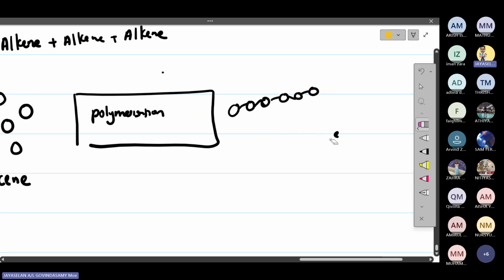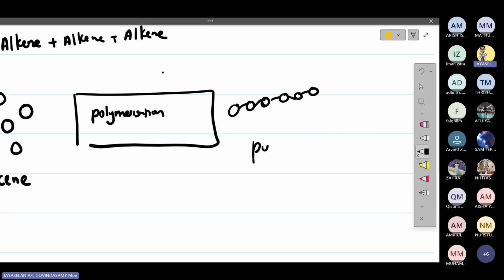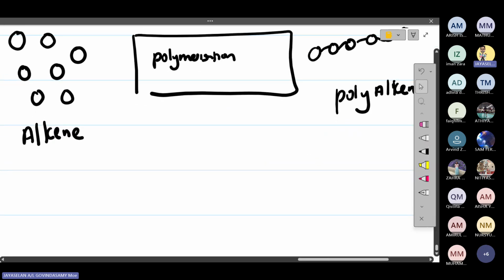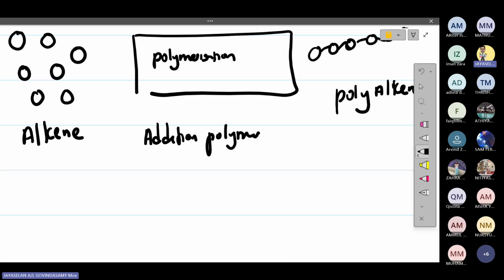They form a long chain. Poly, you take alkene, write alkene. And the alkene can undergo what type of polymerization? Addition polymerization.